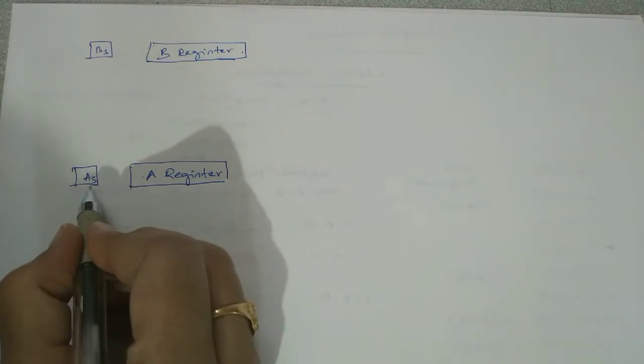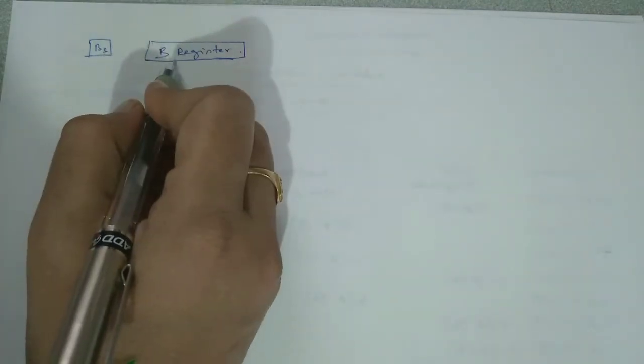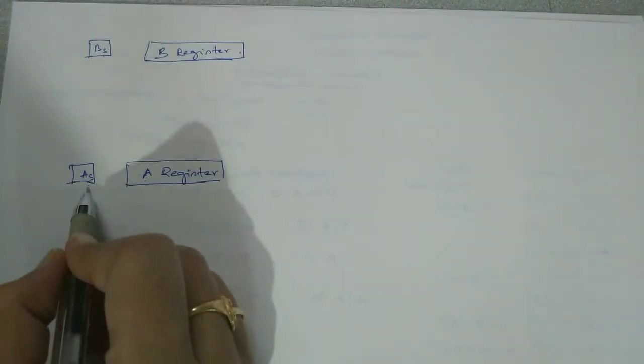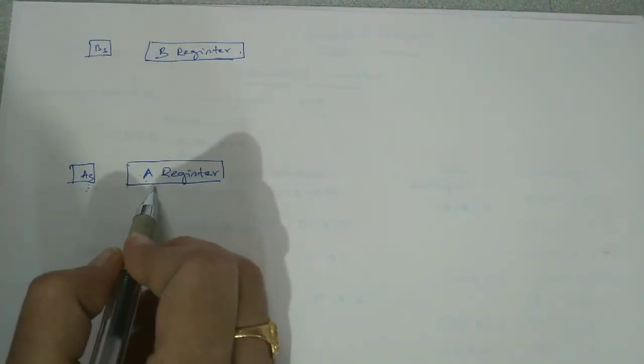AS and BS are the two flip-flops which are used for storing the sign of the A register and the sign of the B register. BS will store the sign of the B register data and AS will store the sign of the A register data.